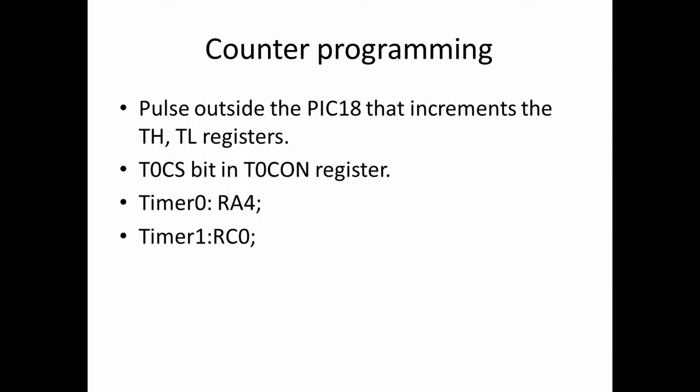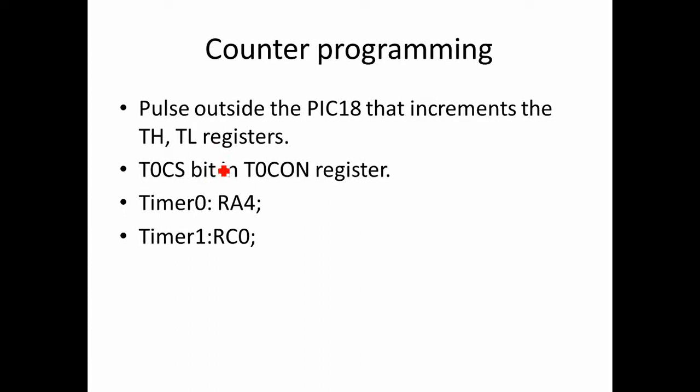Whenever there is a tick from a particular pin, in the case of timer 0, if the ticks come from RA4, timer 0H and timer 0L are going to increment automatically. And in the case of timer 1, if the ticks come from RC0, the increment is going to happen automatically.